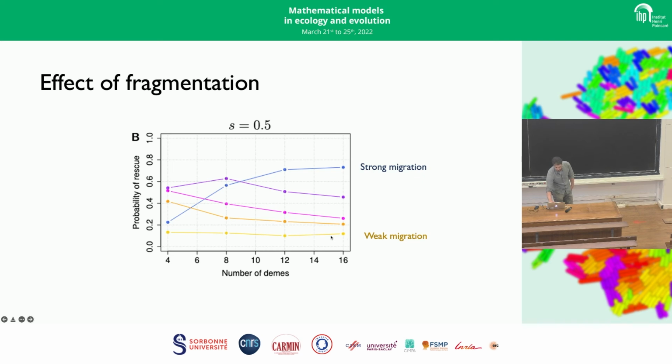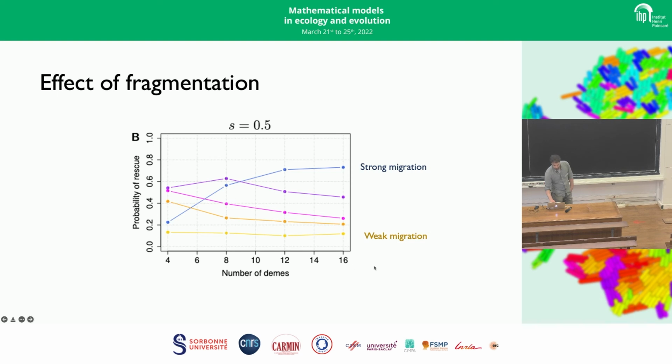So the yellow line is weak migration rate, and the blue line is strong migration rate, and the other values are in between. And in the island model, this has already been shown by Hildegard Uecker and colleagues in 2013, the number of demes doesn't really change much, which makes sense, right? Since migration is going between any pairs of demes anyway, how many demes you have is not that relevant.